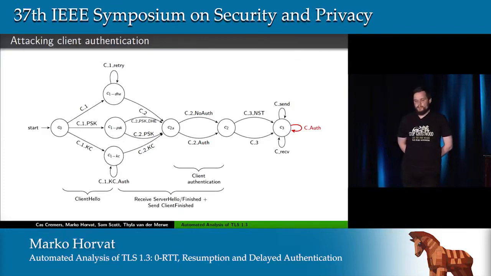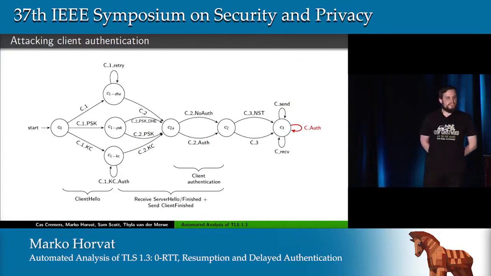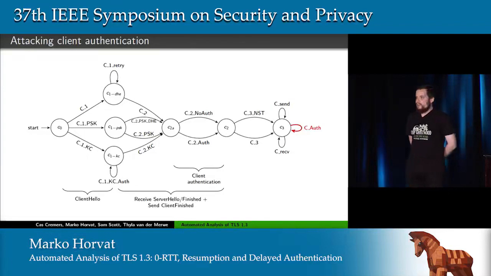This unrestricted version works as follows. Basically, a server can, after any handshake, require a client to authenticate. And if a client decides to do so, then there you have the C-auth red transition.